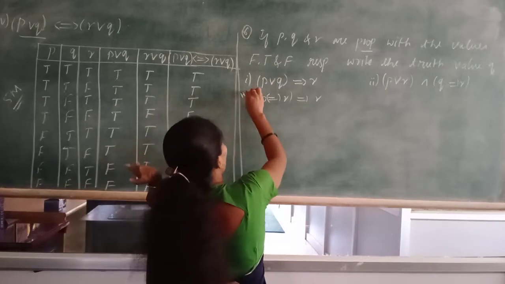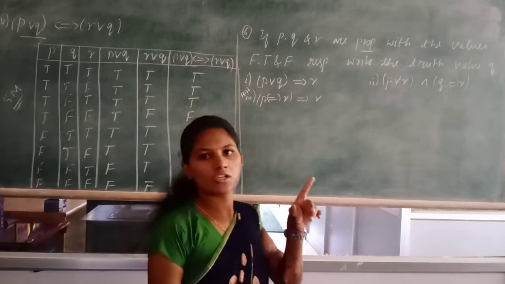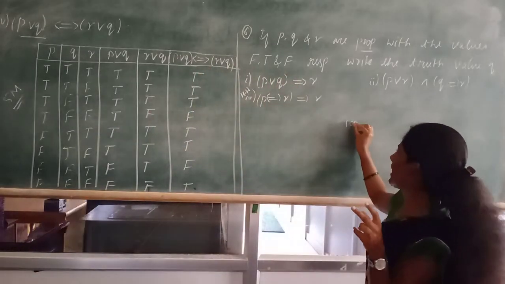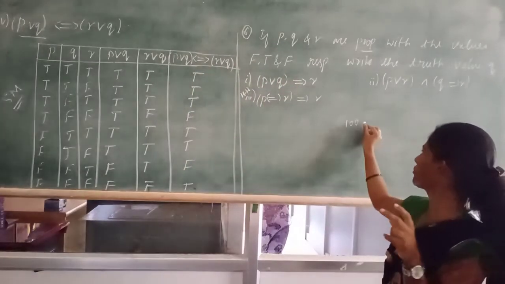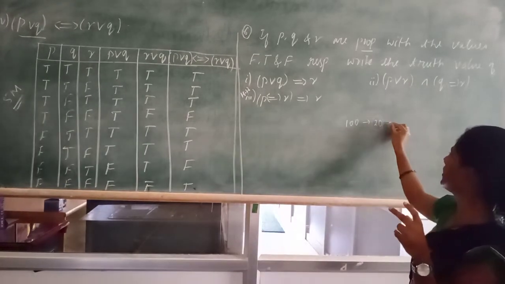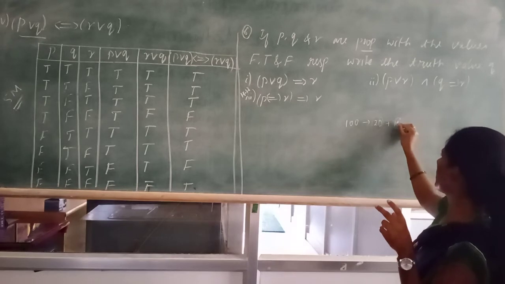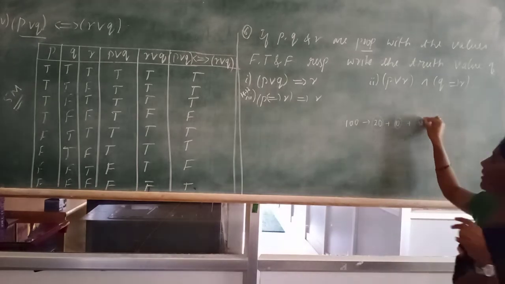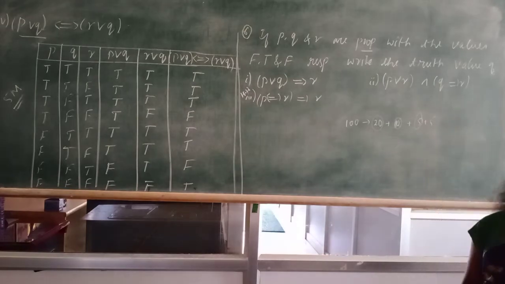The problems I give for homework are all for assignment. Out of 100 marks, you get 20 marks for internals; of that, 10 marks is 5 plus 5: 5 for attendance and 5 for assignment.